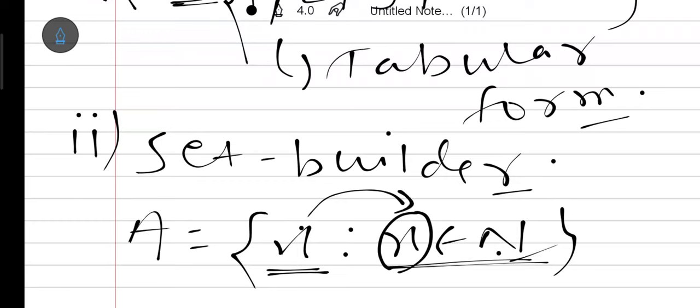Now every natural number comes in place of x. So this is what set builder means. We have to give a variable or some formula in terms of a variable to the set, and then define that variable here. So this is what set builder form means.